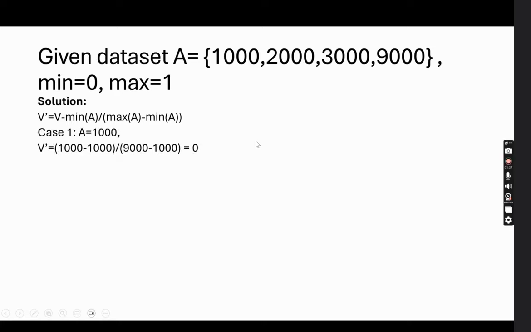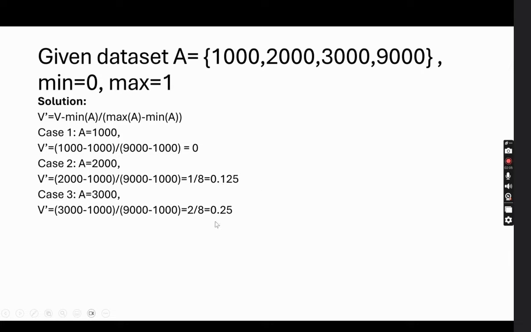So applying the values in the equation, for the first case, when A is equal to 1000, V dash is equal to 1000 minus minimum value of A divided by maximum value of A minus minimum value of A, which is equal to 0, the first value in your normalized data set. And then case 2, when A is equal to 2000, applying in the equation, the second normalized data becomes 0.125.